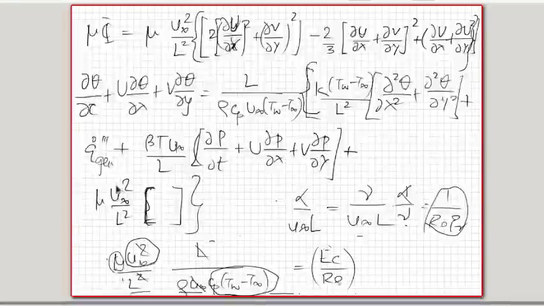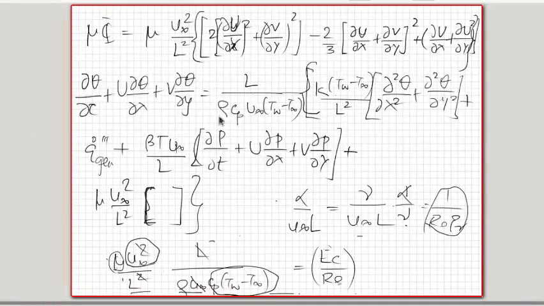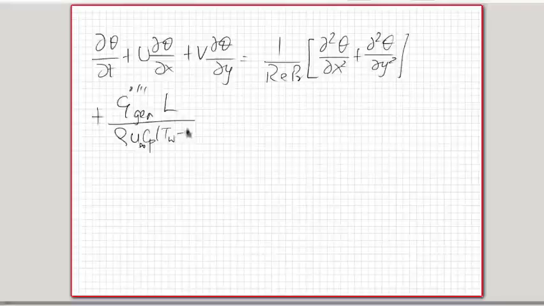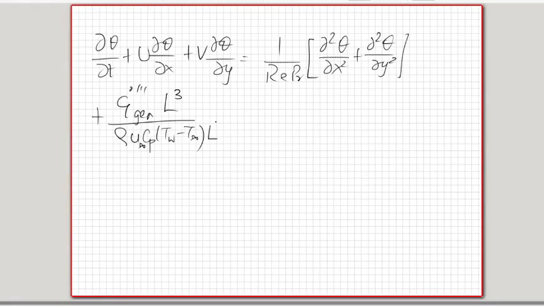So this will be q dot gen multiplied by L divided by rho Cp u infinity into T wall minus T infinity. So that will be your non-dimensional q dot gen triple prime into L divided by rho Cp u infinity into T wall minus T infinity. Okay, so basically you can actually put an L cubed divided by L squared here.